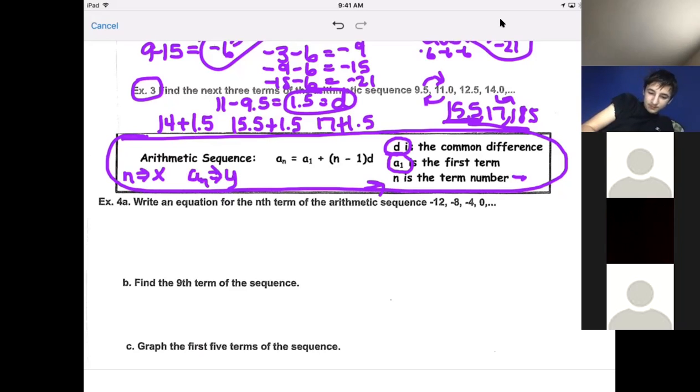So N and AN are going to stay variables. We're not going to plug numbers in for them. We have example 4A.